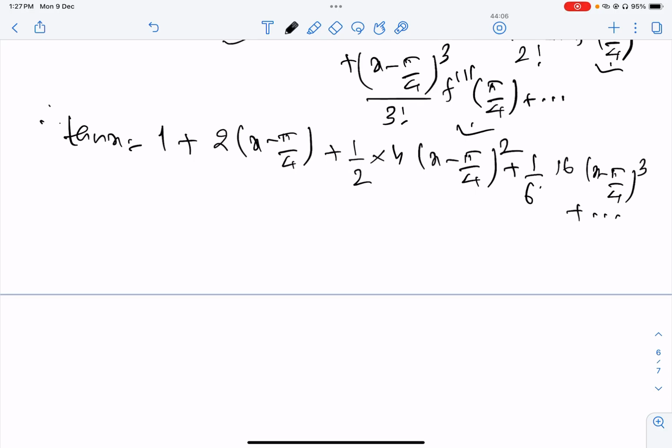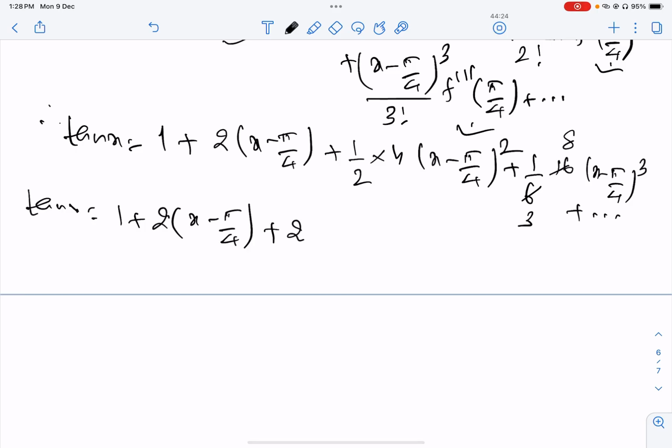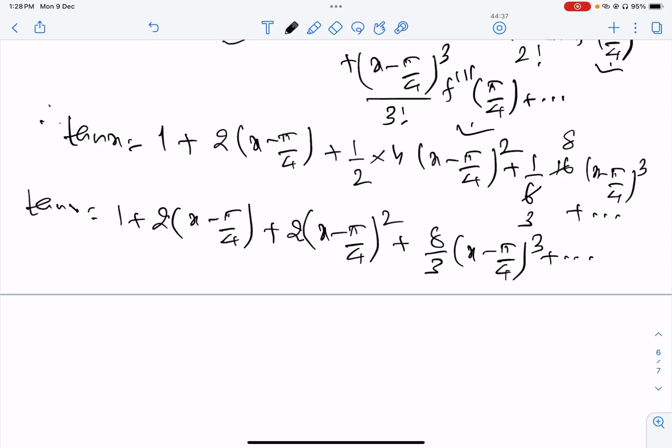So this is 2, 2, and 8 by 3. So this is tan x in powers of x minus pi by 4. Like tan x is equal to 1 plus 2 into x minus pi by 4 plus 2 into x minus pi by 4 square plus 8 by 3 x minus pi by 4 cube, and so on.